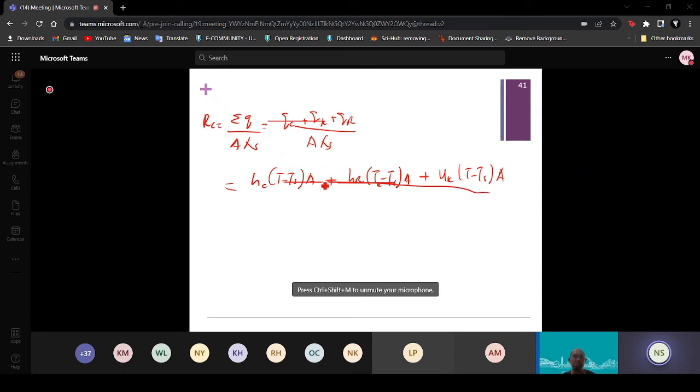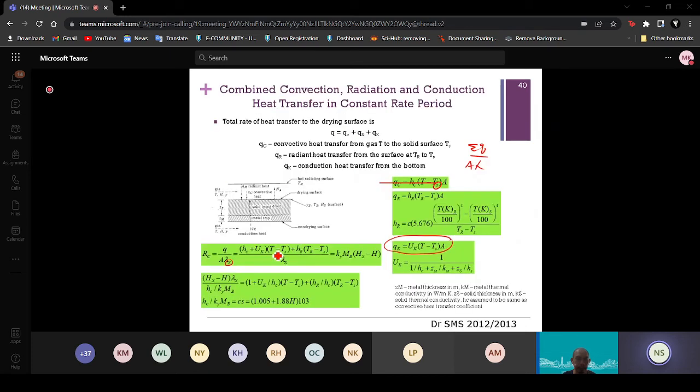All of this is divided by A latent heat S. Then you take out what can be taken out, such as A. You pull aside HC plus UK times (T minus TS) plus HR (TR minus TS), divided by latent heat at the surface. A can cancel out because everything has A. So this is basically the equation you need to use to get RC.